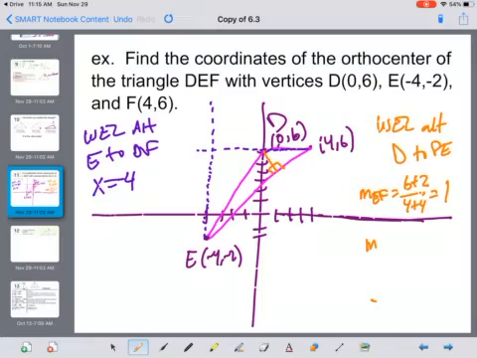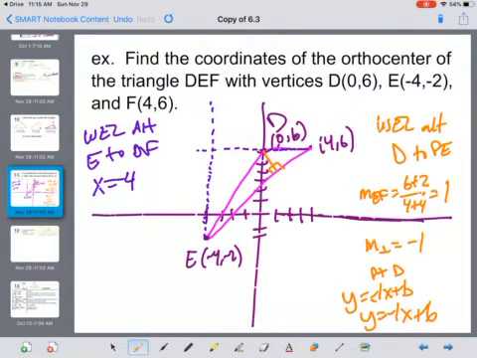I want the perpendicular slope of EF, which is going to be -1. And then I need to plug that in using point D. So y equals -1x plus b. But I actually already know b because D is (0, 6), so it's going to be y equals -1x plus 6.